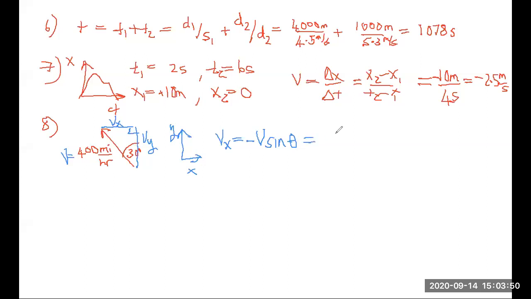Anyway, then I can stick in the 400 miles per hour, and I can stick in the angle is 30 degrees. And the sine of 30 degrees is, what is it? It's half. And so I'm going to get minus 200 miles per hour. Okay.